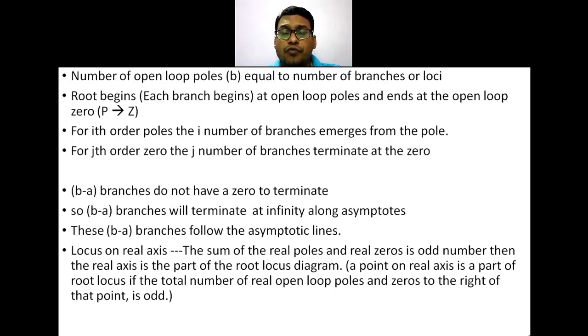And the first condition is that the root begins at an open loop pole and ends at an open loop zero. So the remaining, that is B minus A branches, will terminate at infinity along the asymptotes.